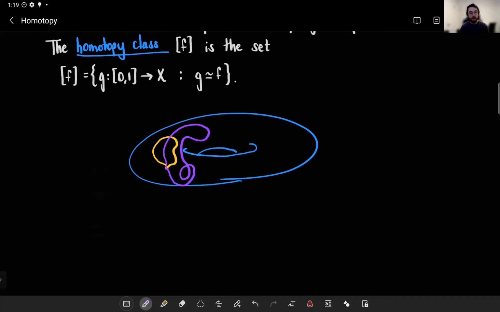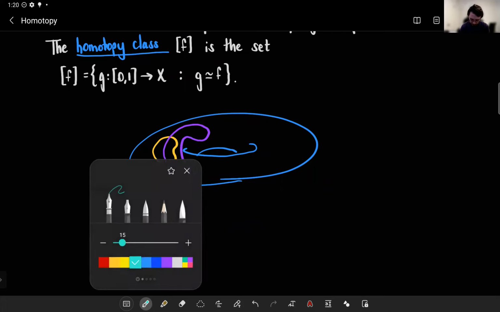Doesn't matter. I can continuously deform one into the other because they're just necklaces draped on top of the donut. So those are in the same homotopy class. Similarly, technically, there's the constant path where you do nothing. You just stay at whatever point you started at and end there. That's also in the same homotopy class as those other two.